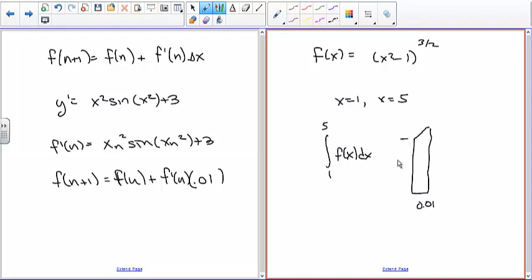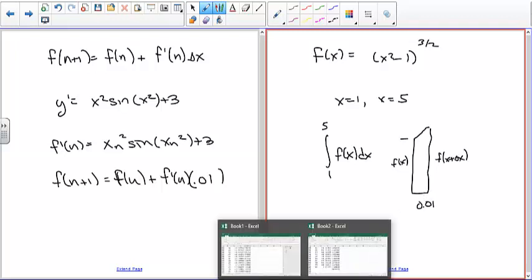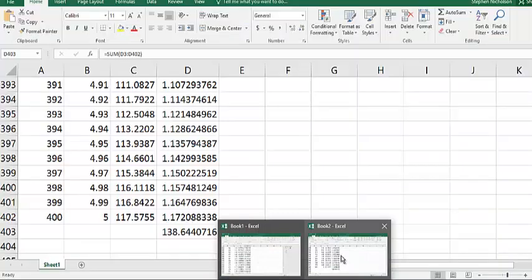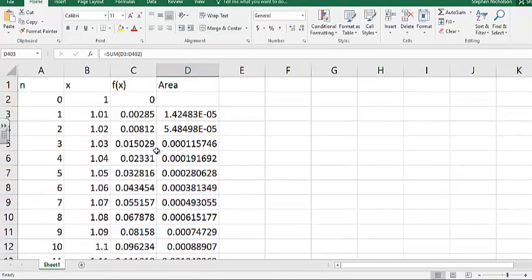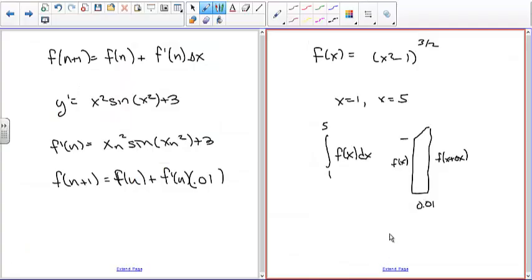This was the value, this was f of x, and this would be f of x plus delta x. So when we were evaluating the area, if we go back up to the beginning, the area is delta x, which is this width, times the average of these two values.